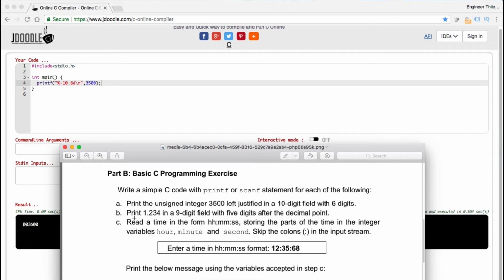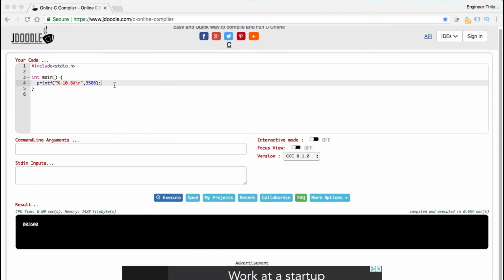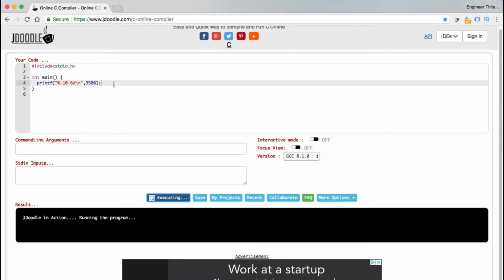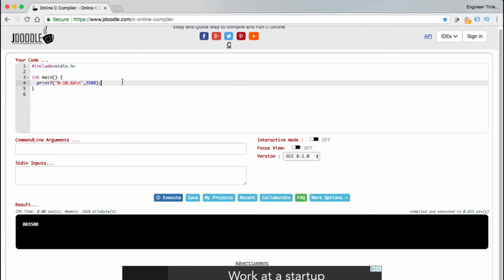The next one is asking, print 1.234 in a 9 digit field with 5 digits after the decimal point. Let's continue that one here.